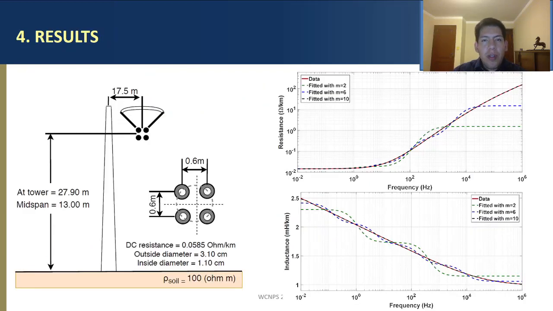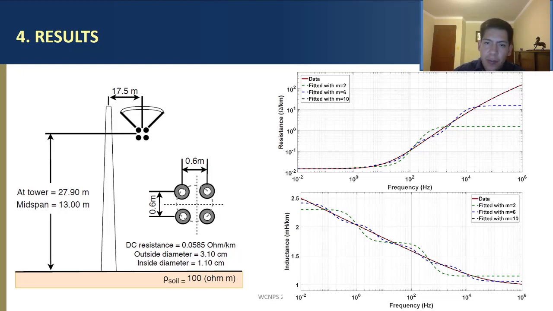To show results, we simulated the transmission line shown in this slide, and we calculated the longitudinal impedance as a function of the frequency. We can see here that a rational function fitted with two poles can only represent the longitudinal impedance up to 1 kHz.